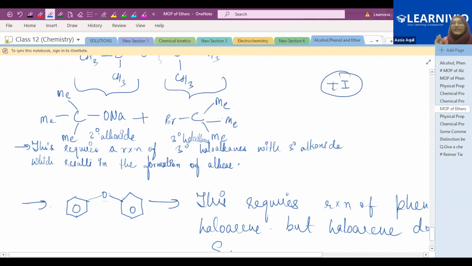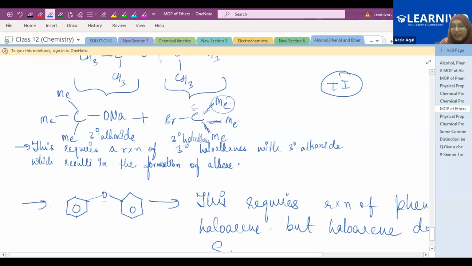Now the question is, what is inductive effect? This plus inductive effect is basically due to this methyl group, which pushes the electron density towards the carbon. All the alkyl groups show plus I effect, plus inductive effect. So they push the electron density towards this carbon, and due to that the electron density on the carbon increases.